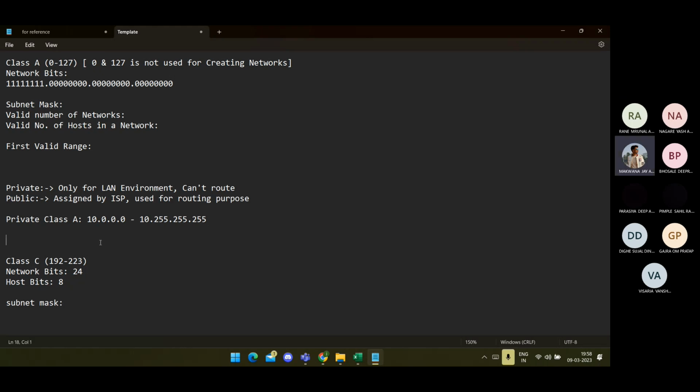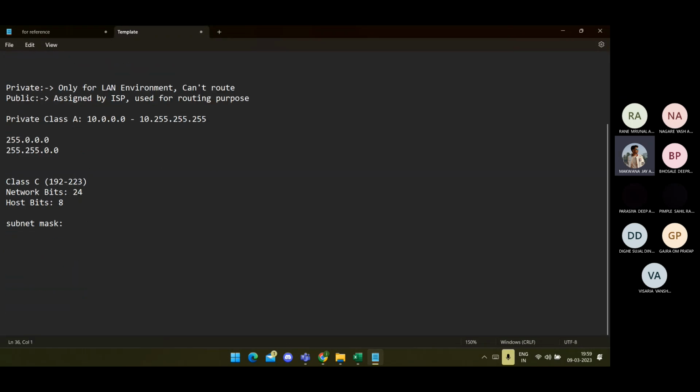For A, we have written as 255.0.0.0. For B class, we have written as 255.255.0.0. How can we write the subnet mask for C class IP address?